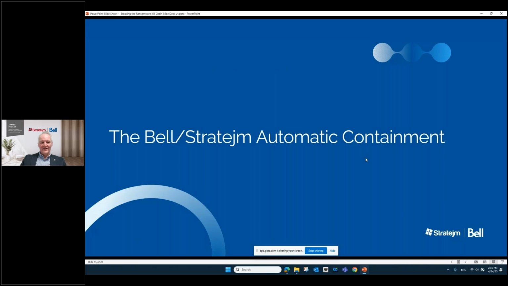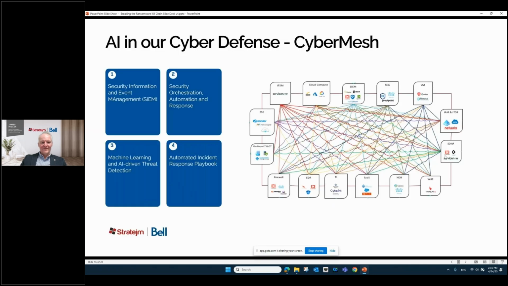And that is the secret sauce to what I've been calling the Bell Stratagem Center of Excellence and our automated containment solution. It's all key to what I said earlier about having the best of breed, but having it integrated, having it in sync. Bell Stratagem has a proven methodology of creating what we've called the cyber mesh.